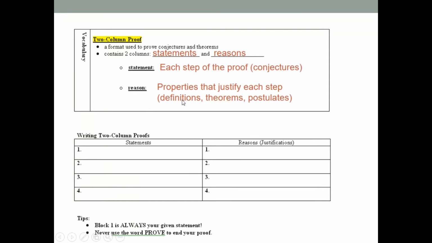We'll get into those a little bit later on. Keep in mind that your very first block is always going to be your given, or the place that you're starting. And you never want to just end with prove or done or something like that. You always need a reason for every step that you take, everything that you say on the left side.